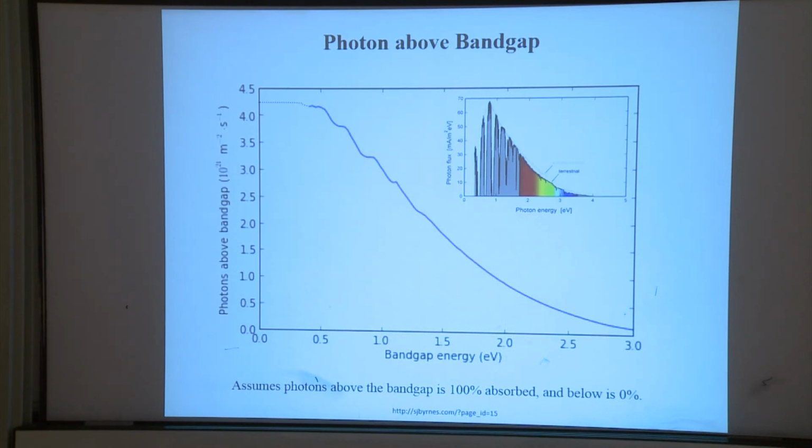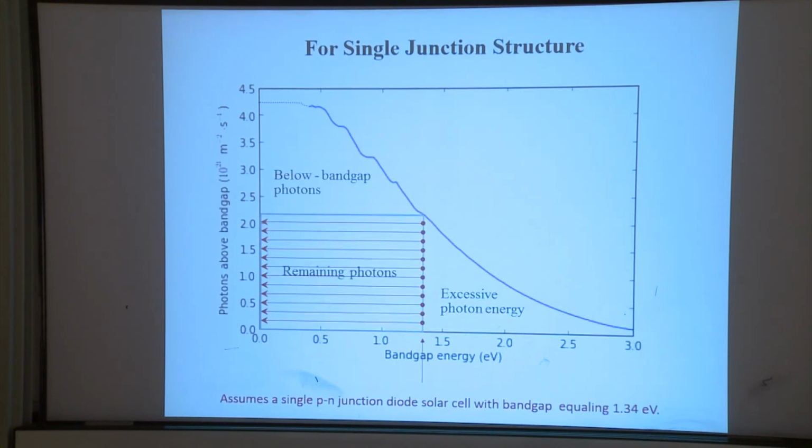Okay, so how to choose the band gap to utilize this spectrum? If we choose the band gap of this value, then photons with energy higher than the band gap will be absorbed and generate electrons and holes.